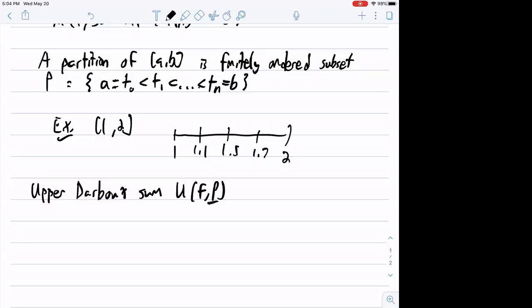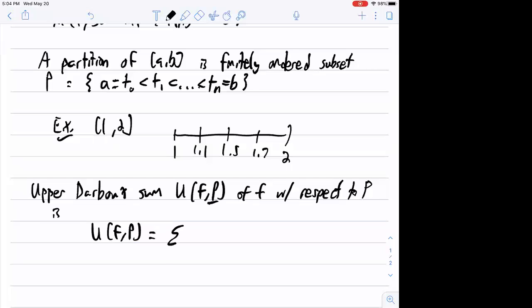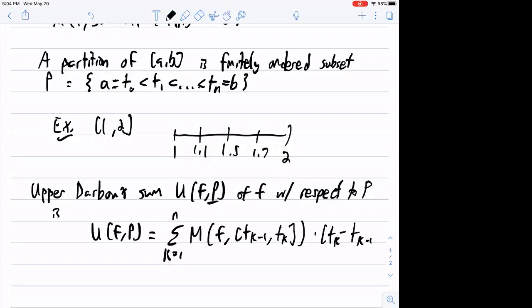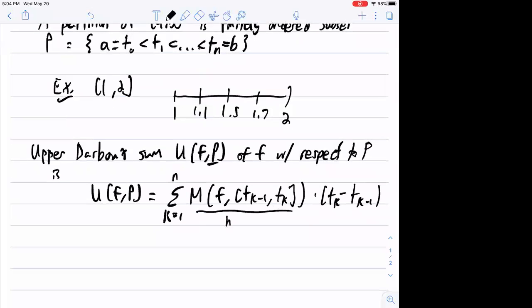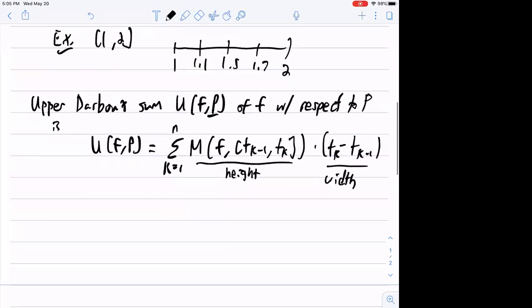It depends on the partition, so for every partition you have an upper Darboux sum of f with respect to P. This is like the rectangles from Math 2B: the sum over k of M(f,[t_{k-1},t_k]) times (t_k minus t_{k-1}). You can think of this as choosing a height, and multiplying by the difference, which is the width.